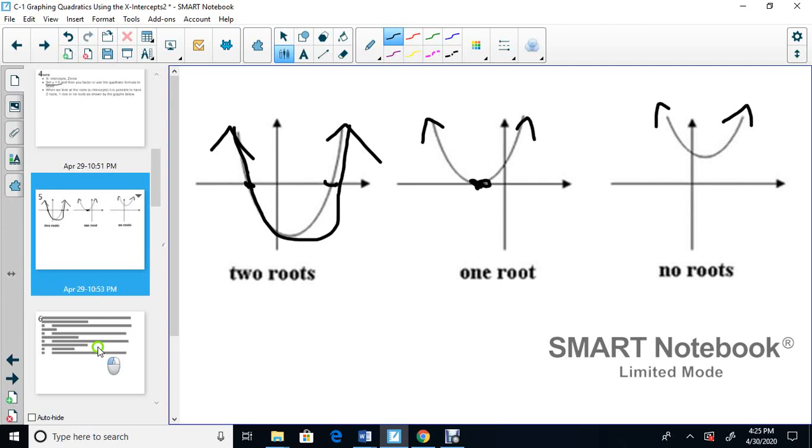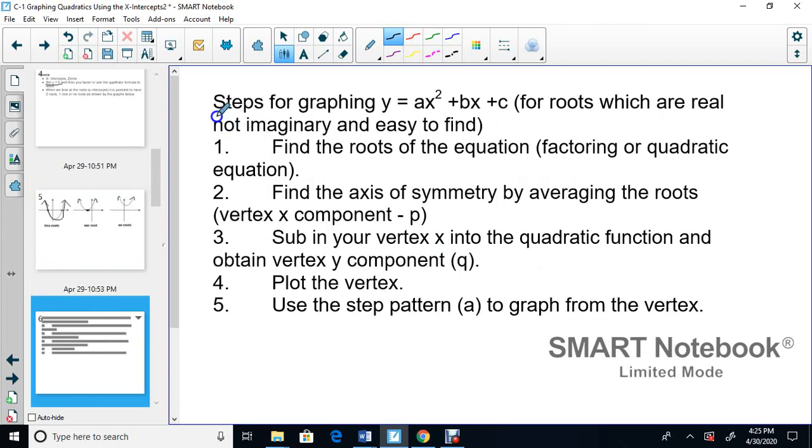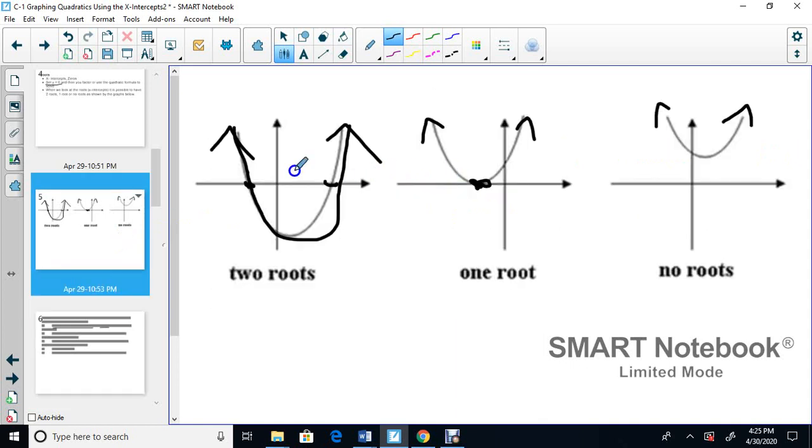Okay, now there's a series of steps that I'm going to follow. This is the first time we're going to learn how to take this form and graph it. First, we're going to find the roots. We're going to set y equal to 0, so we're going to set this part equal to 0, and we're going to find the roots by factoring or the big formula. Okay, we're going to find the axis of symmetry. After you find the roots, halfway between the roots is where the axis of symmetry is.